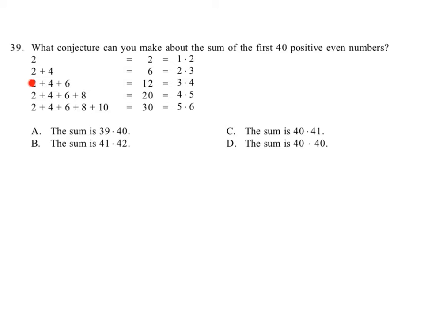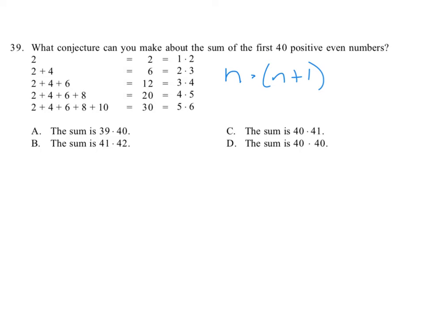First 3 terms you can get by taking 3, the number of terms, times one more than that, 4. So if n is the number of terms, you're going to do n times n plus 1, one more than that. Okay? That's what's going on here.